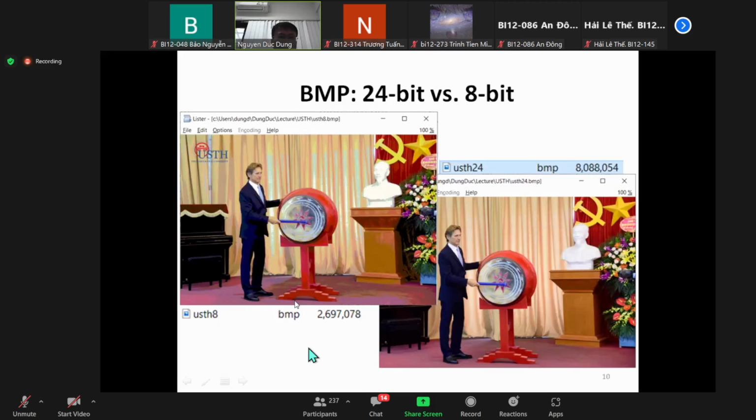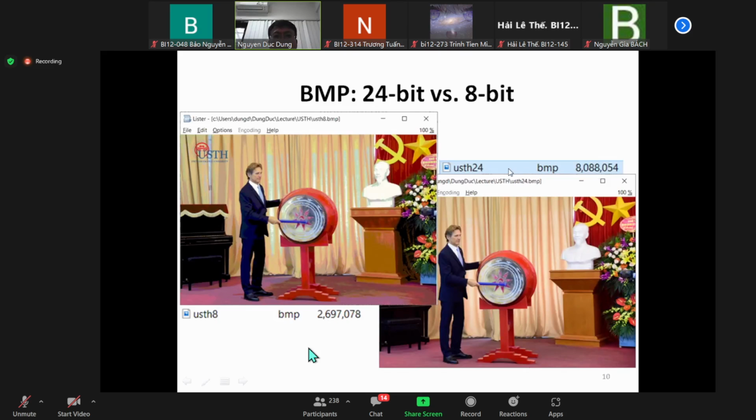On the screen, the quality of the two pictures is of course different. Also, with the 8-bit scheme, the file size of the bitmap image is nearly 2.6 megabytes.